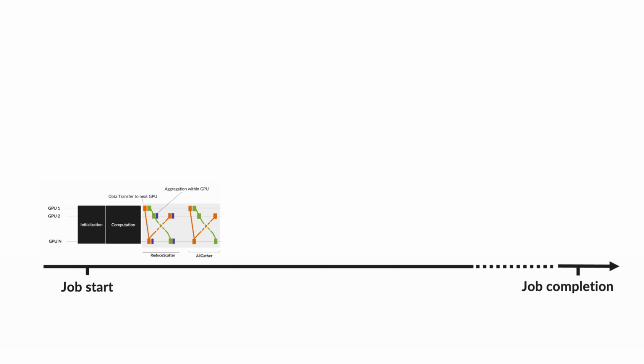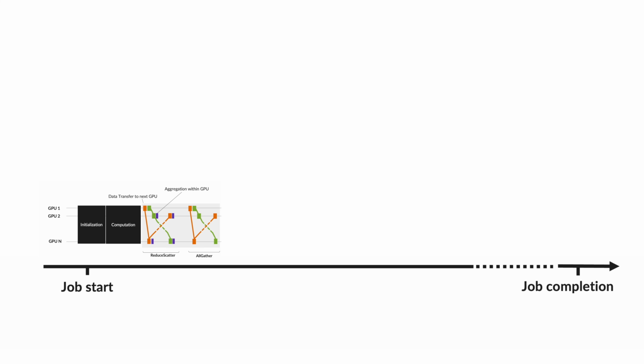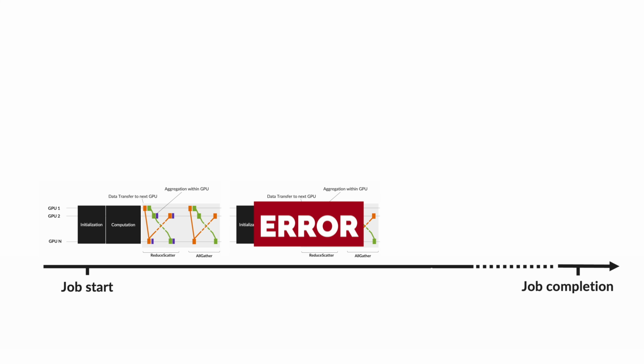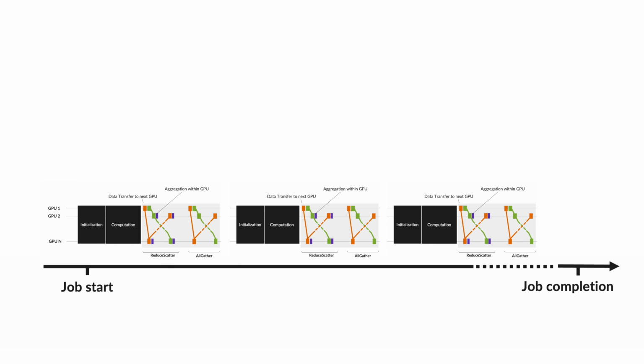And this is repeated multiple times till the entire training job is complete. Crucially, if any iteration fails, for example, due to an error in computation or data transfer, the job halts and the iteration is repeated. Today's powerful GPUs can handle massive amounts of data.